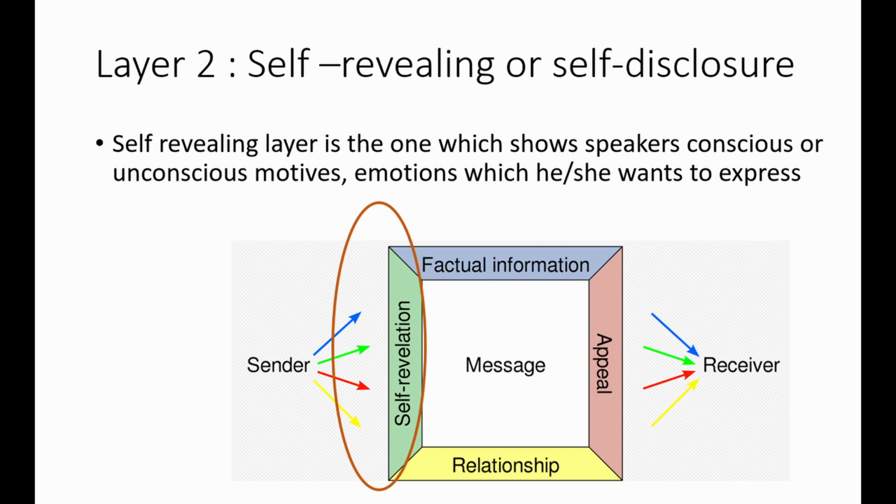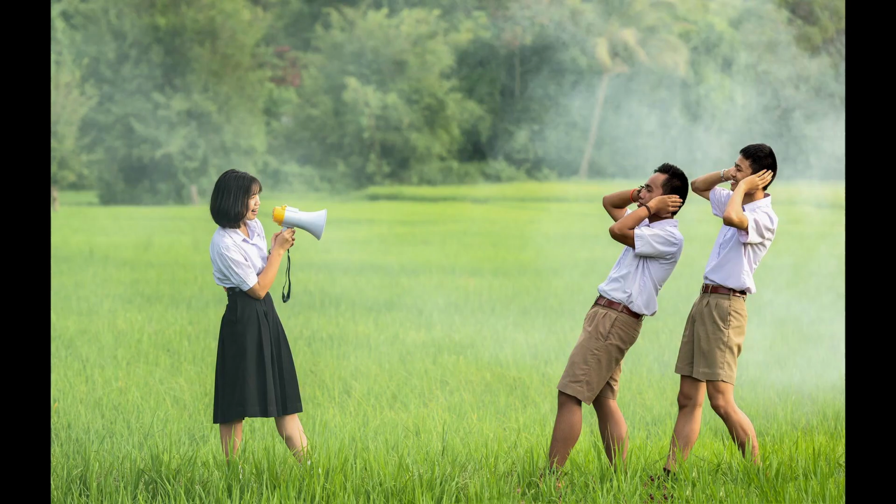The self-revealing layer is the one which shows the speaker's conscious or unconscious motives, values, emotions which he or she wants to reveal or express. Which means it gives your conscious bias or unconscious bias or your emotional reflection, being a sender or being a receiver.